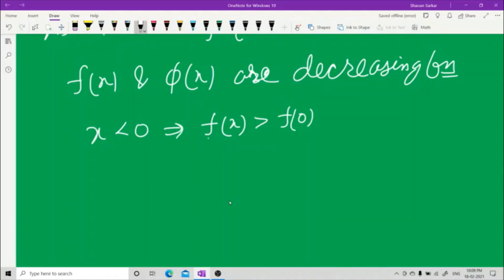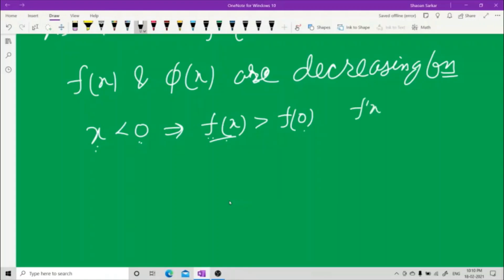Here, this is x1 and this is x2, and x2 is bigger than x1, so f(x1) will be greater than f(x2). That's the idea basically. The one which is behind becomes greater, and the one which is in front becomes smaller.